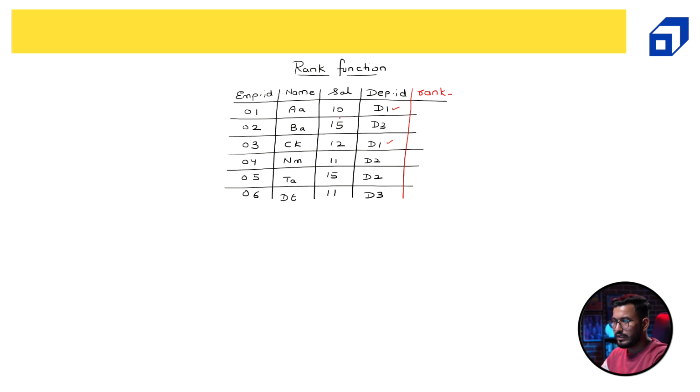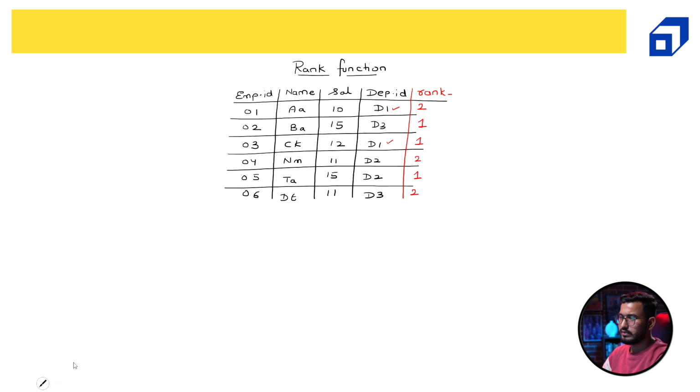But among these two employees with employee ID 03 and 01, the employee with ID 03 has a salary of 12, and then 01 has a salary of 10. So this person will get a rank of 1, while this person will get a rank of 2 within their department. Similarly, in department number 2, this person will get a rank of 1, this person a rank of 2. Similarly, in department number 3, this person will get a rank of 1, this person a rank of 2.